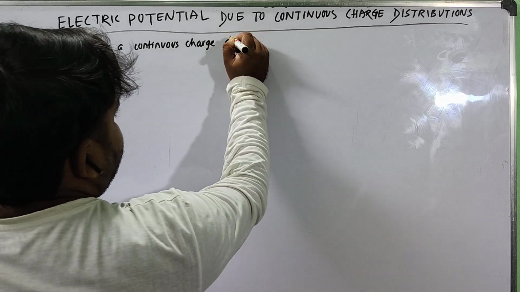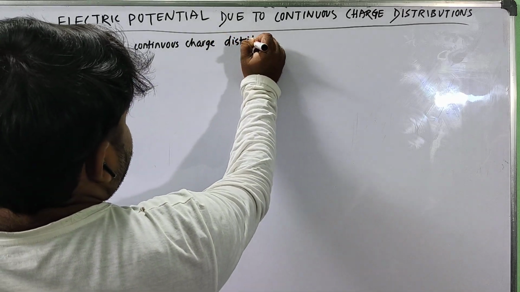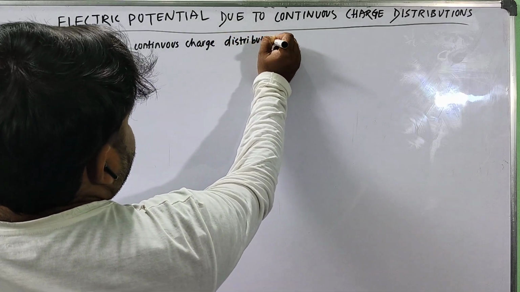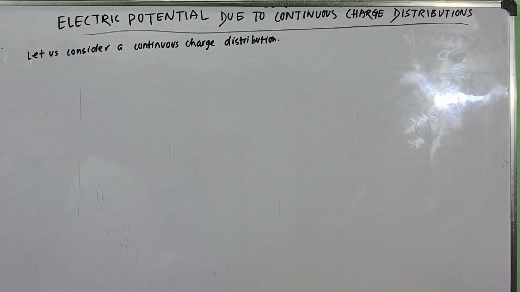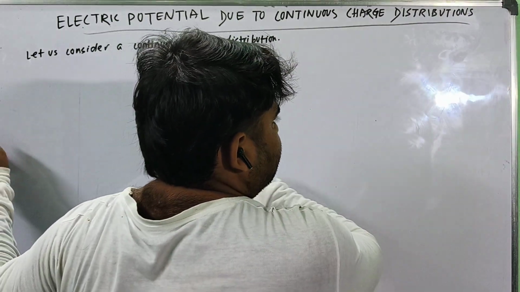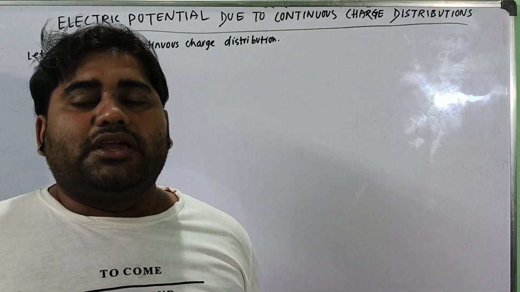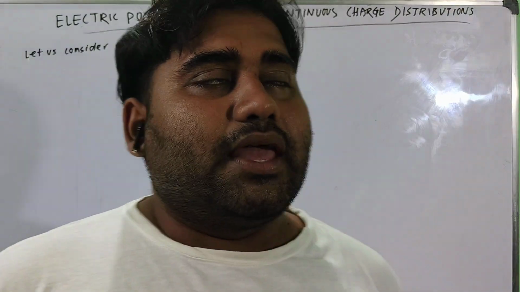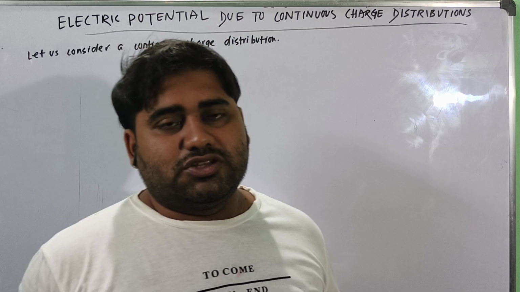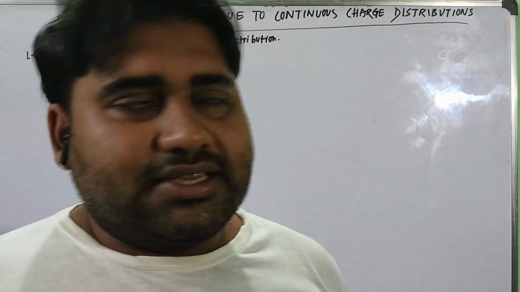It has not been mentioned what that distribution is. Is it in 1D, is it in 2D, or is it in 3D? If it was in 1D, you have been given a linear charge distribution. If it was in two dimensions, you have been given a surface charge distribution, and if it is in three dimensions, you have been given a volume charge distribution.